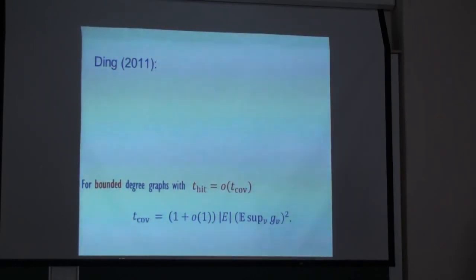Let me say that there are now many further connections that are being explored between local times and Gaussian processes in graphs. And basically, for any question you have on random walks on graphs, it's worth asking: can you use the isomorphism theorem to express it as a question about Gaussian variables?